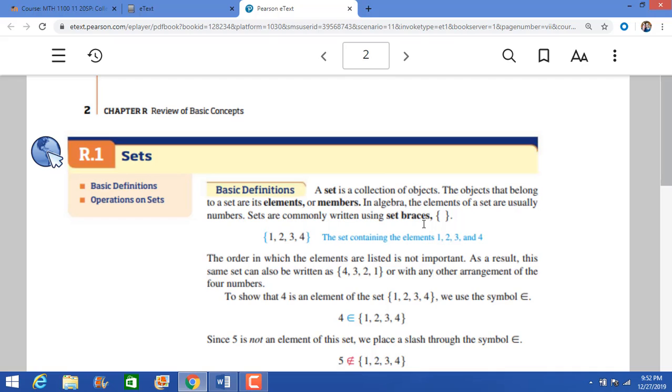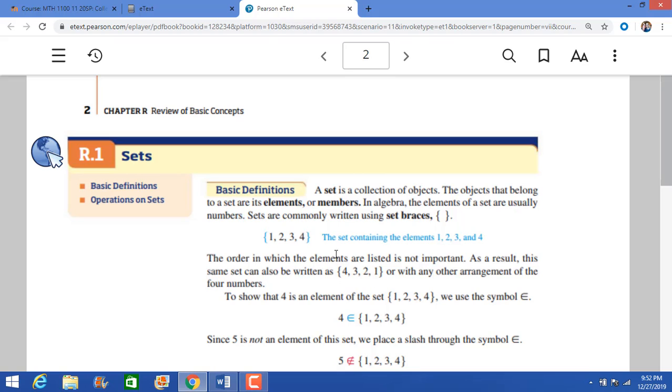So don't forget, if you're talking about a set, don't forget the braces. Okay, so this here is a set containing the elements 1, 2, 3, and 4. And now the order of the elements, rather, is not important.